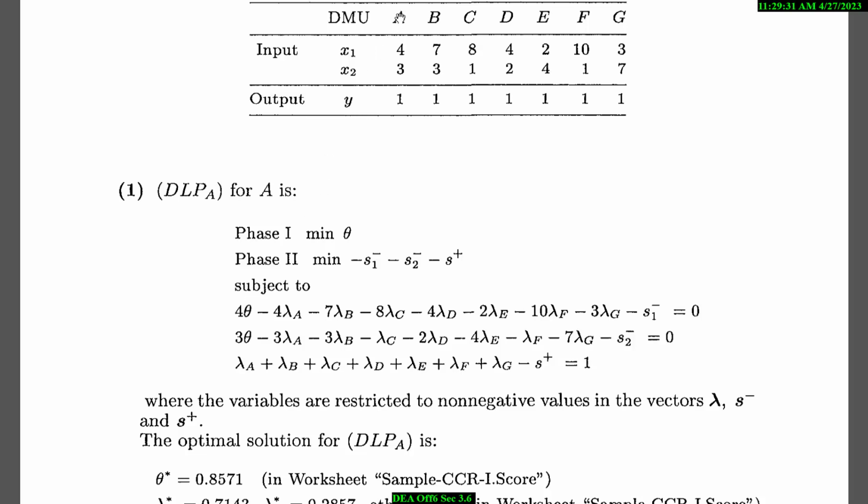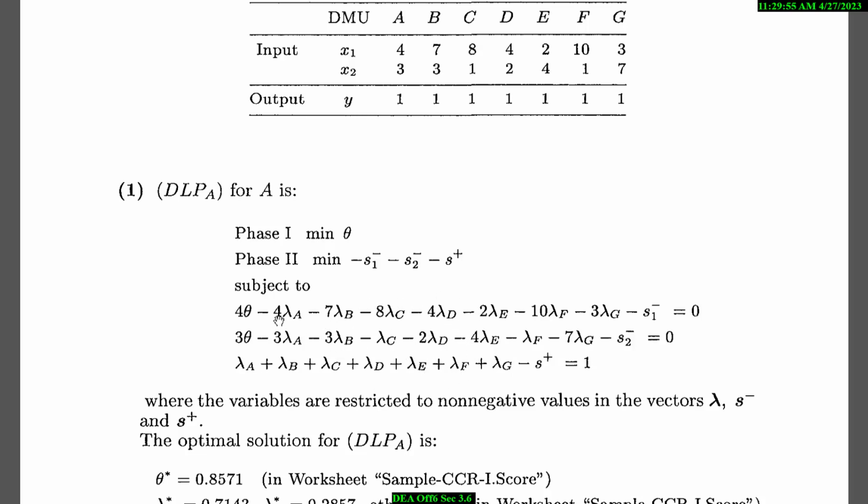For A, 4, 3 are for theta, and the other input and output values are used to write the constraints.